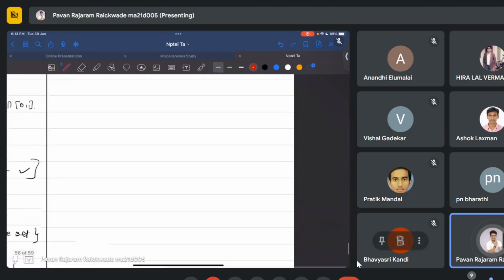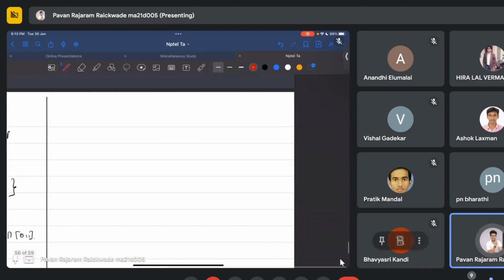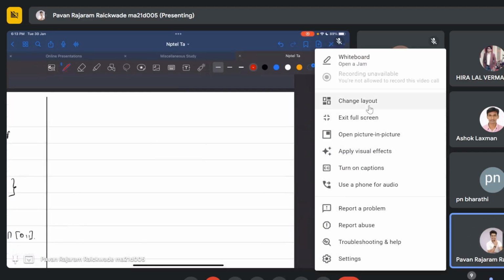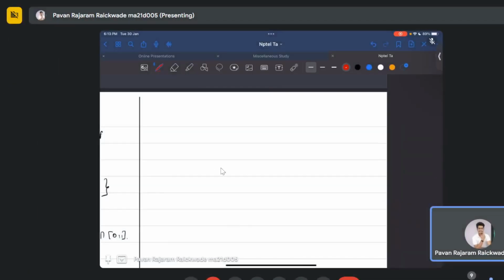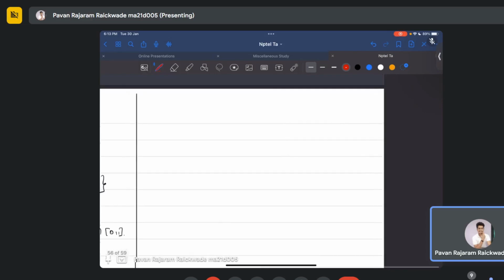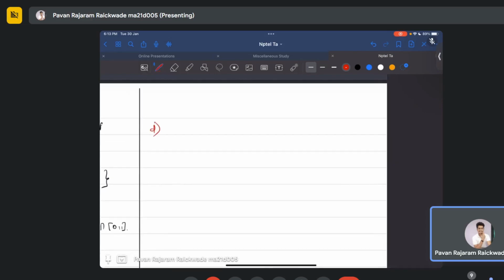Let's go to the next one, which is D. Now, what about the set of all functions A such that the inverse image of 0 is infinite?